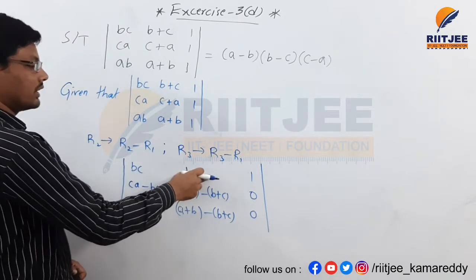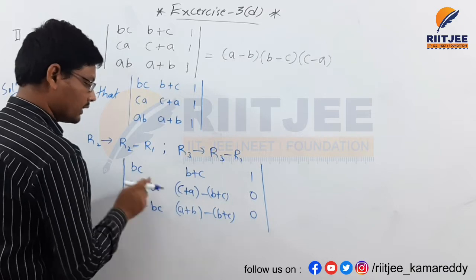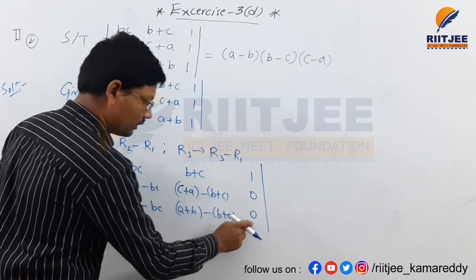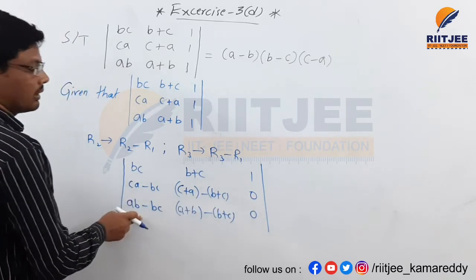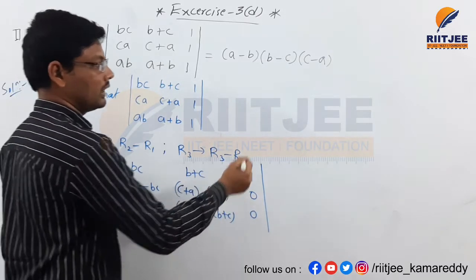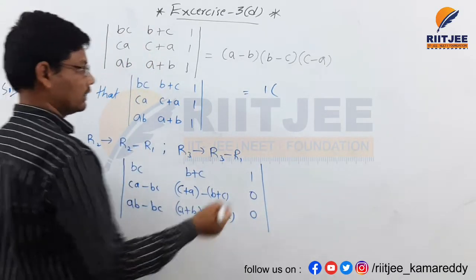If you take B plus C here, eliminate the row and column which has BC, then this value will become 0. This is 1, and this value and this value will be 0. That's why I am taking simply 1 into this value and this value.